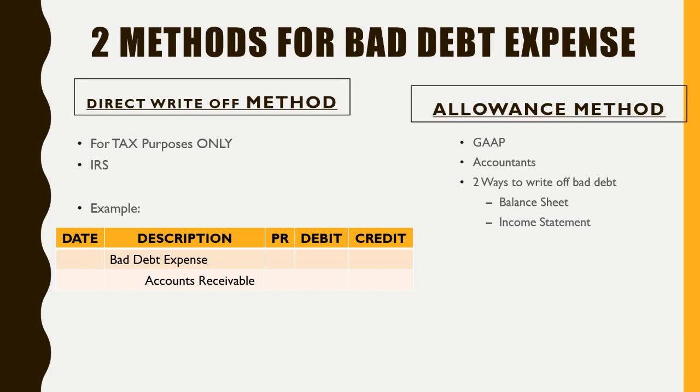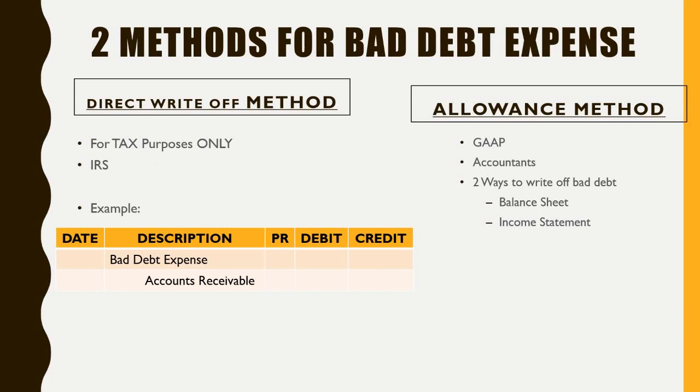And then there's the allowance method, which is governed by GAAP, and it's used for the regular accountant, okay? So in this case, are we the tax accountant or are we just the general accountant? This isn't a tax class, right? You need to have the general accountant knowledge before you can even talk about tax.